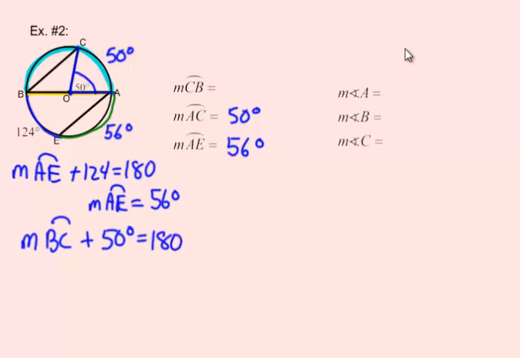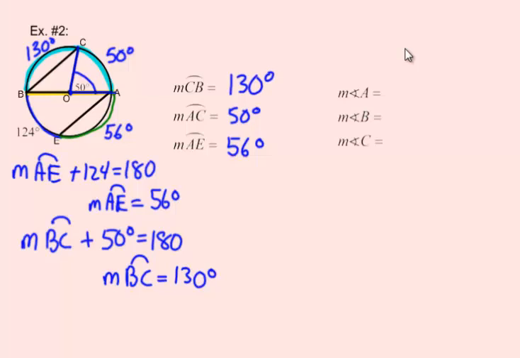Now I know it doesn't look like it, these aren't drawn to scale. So subtract 50, we get 130 degrees. That's arc BC or CB. Again, you can name it either way.